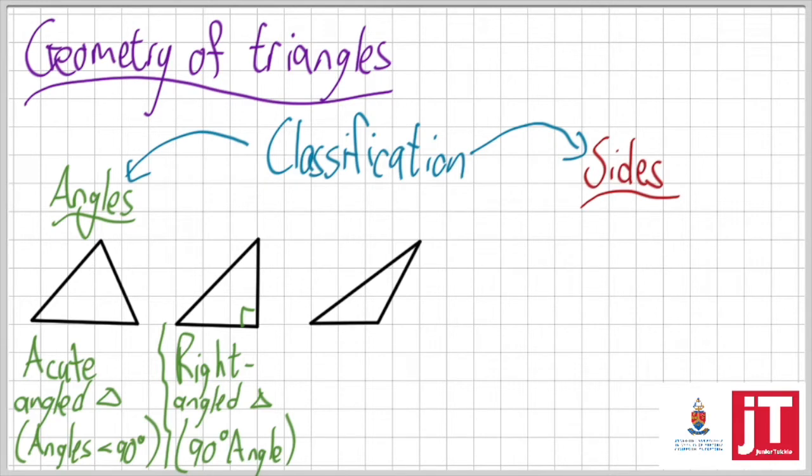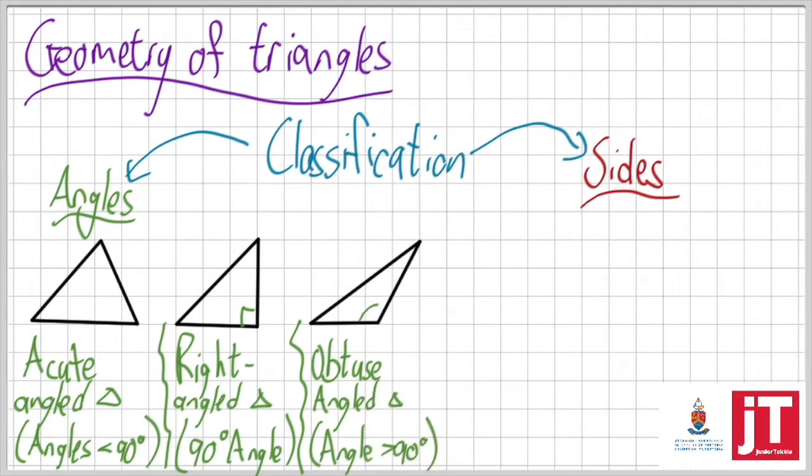Then we look at the obtuse angled triangle. In other words, there is one angle that's larger than 90 degrees. For us in grade 8, it's not really so hectically important because we're not going to use it that much.